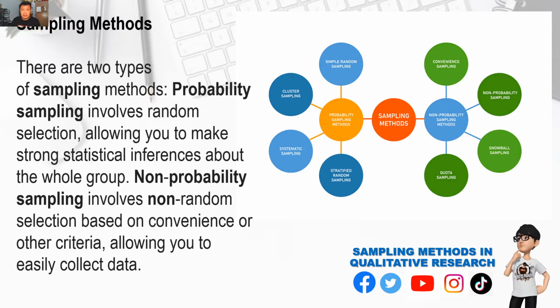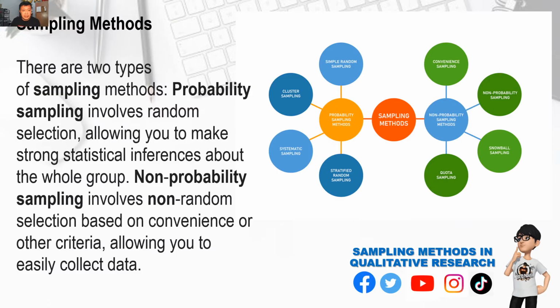So, ang sampling method is defined as there are two types of sampling methods. Ito yung sinabi natin kanina, probability sampling, which is defined as the involvement of random selection allowing you to make strong statistical inferences about the whole group.